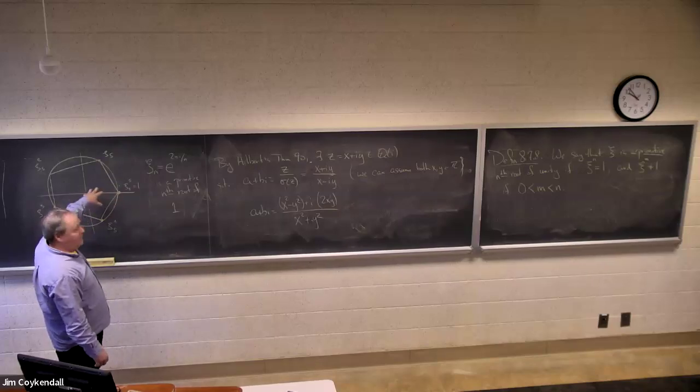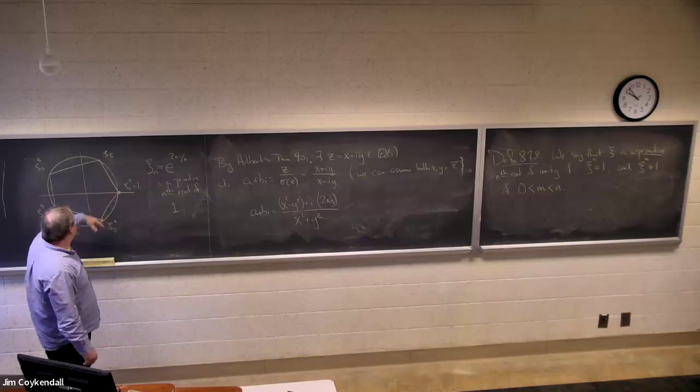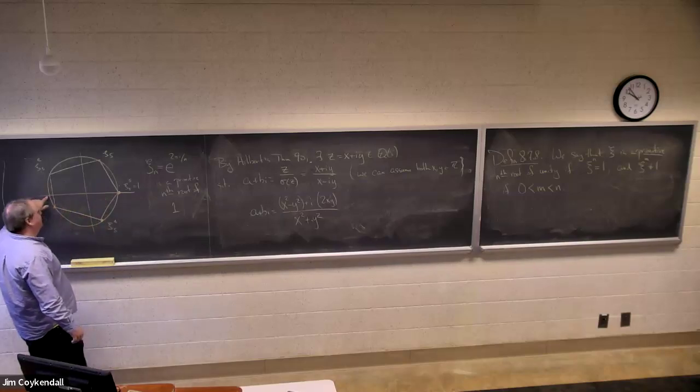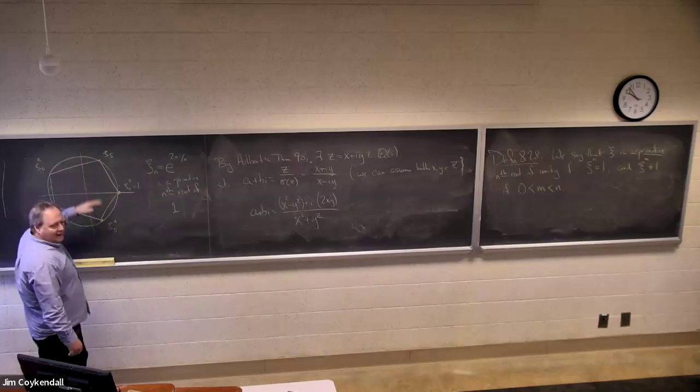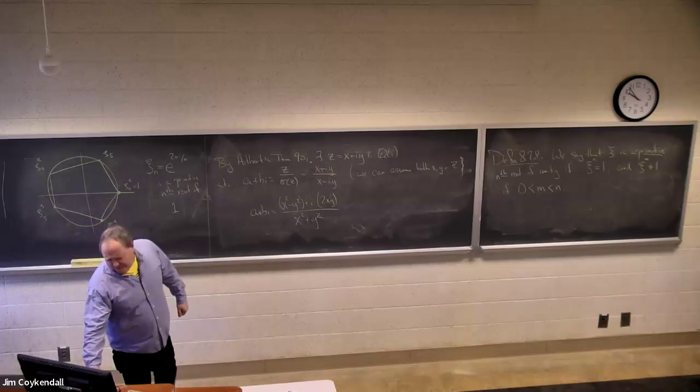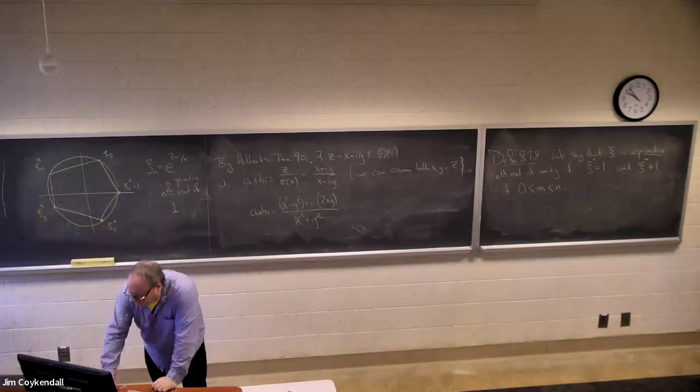And you've got different things that happen for even and odd, because if n were even instead of odd, you would actually get negative 1. Sometimes you get i and negative i, depending on if it's a multiple of 4 or not.